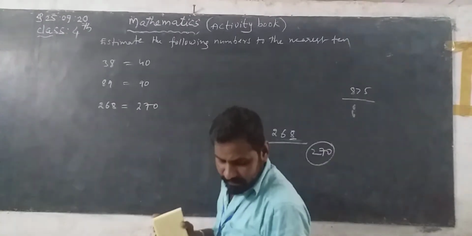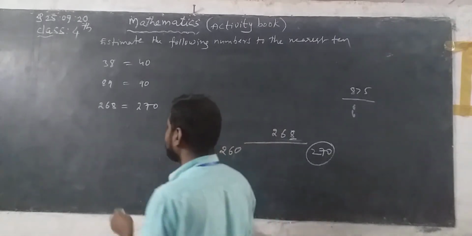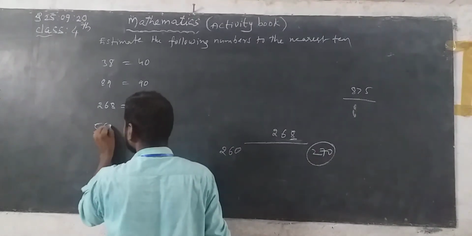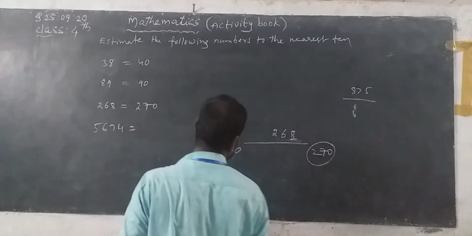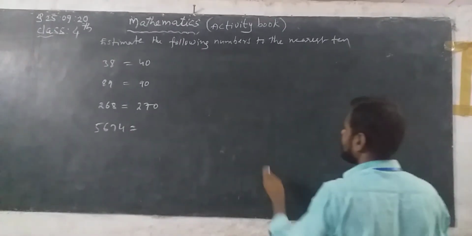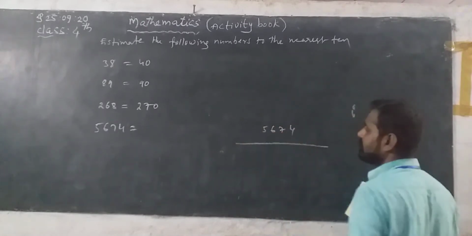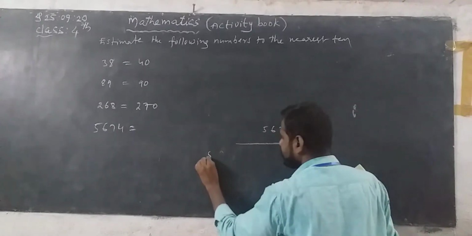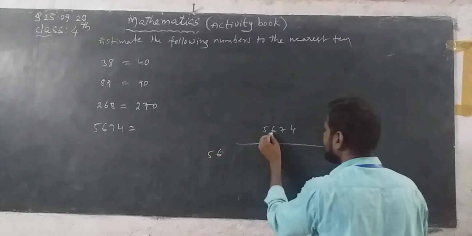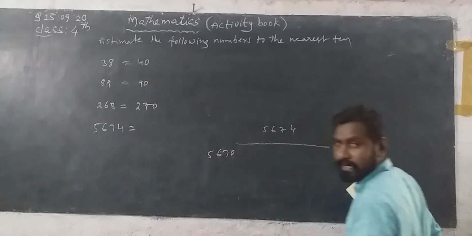Now next, 5674. Listen carefully. 5674 lies between 5670 and 5680. 5000 same, 600 same, 74 lies between 70 and 80.